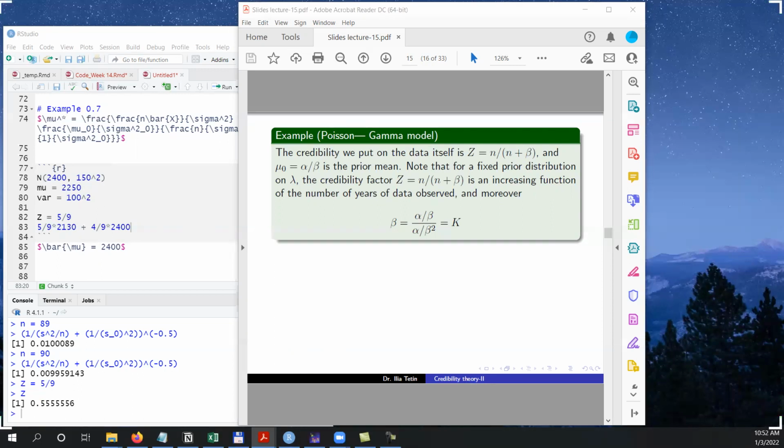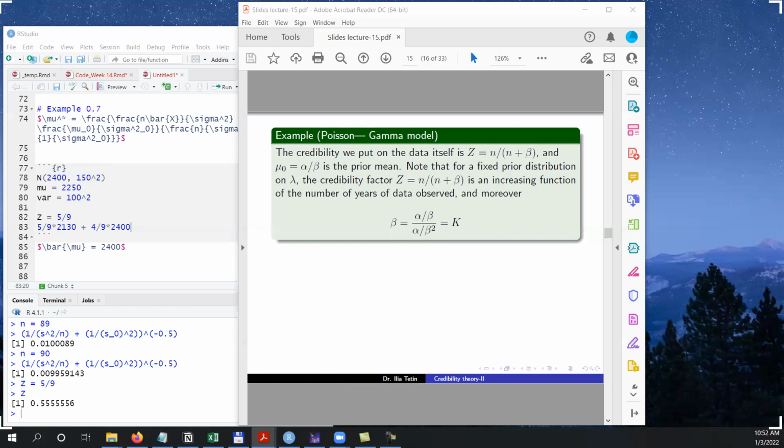You remember that this is the one parameter distribution. We have only lambda as a parameter, and the prior information about lambda may be summarized by a gamma distribution, G of alpha and beta. And we might view lambda as the realization of the random variable lambda, which follows the gamma alpha beta.